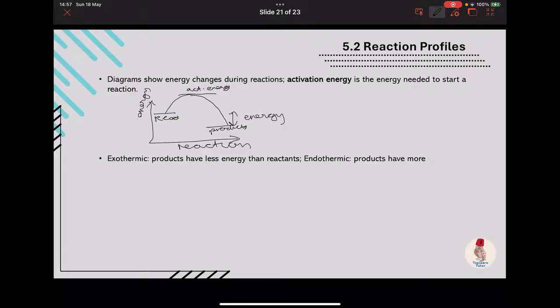The temperature has decreased, and the temperature of the surroundings has increased.